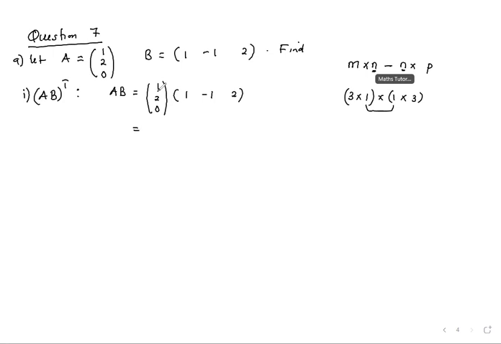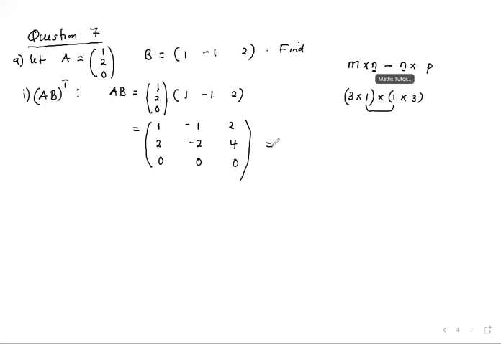So we have 1 times 1, we get 1, the first entry. 1 times -1, we get -1, and 1 by 2, we get 2. Then 2 by 1, 2, 2 by -1, -2, 2 by 2, we get 4, and then we get 0, 0, 0.